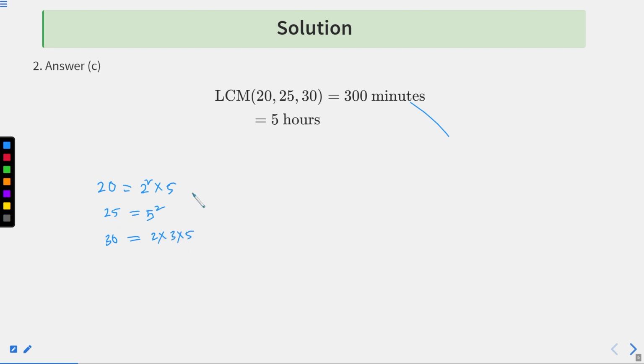So here the prime factors are 2, 5 and 3, and the LCM is the product of the highest power of the prime factors in the numbers. For the prime factor 2, the highest power is 2, so we take 2 square.